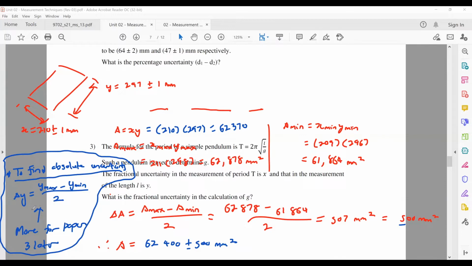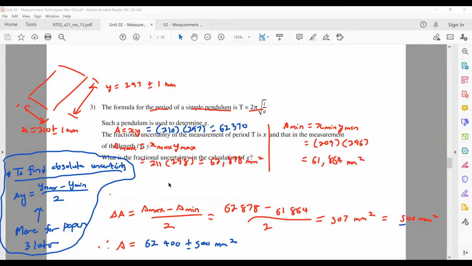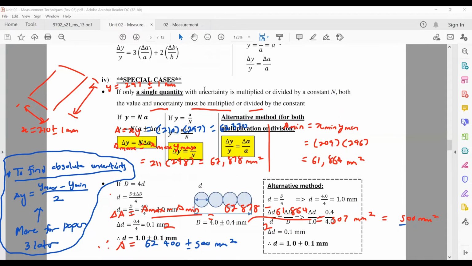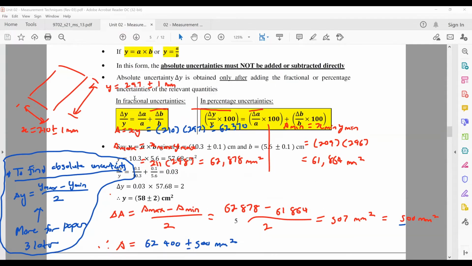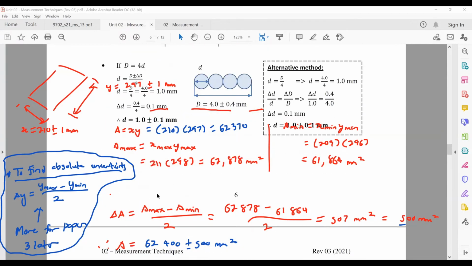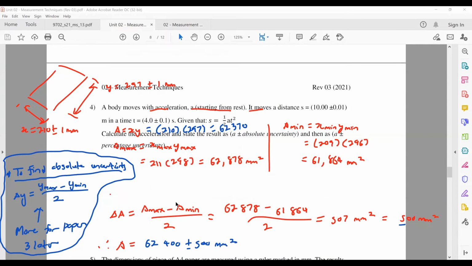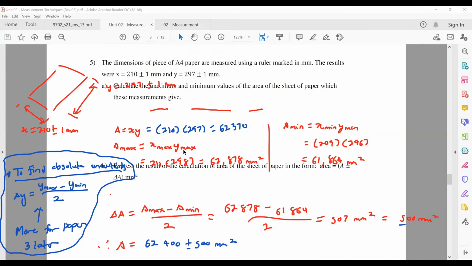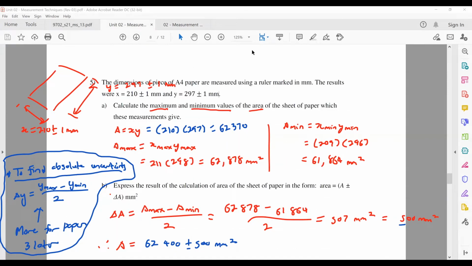Now, you may be wondering, can you use whatever you learn here to find the uncertainty for this case here? Yes, you can. You can use the same method that you learned to find the answer.